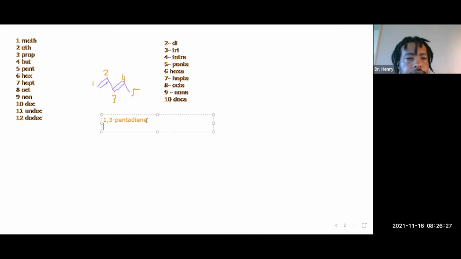There's another way of naming it as well, where we put the numbers inside the name. We usually use this when there are multiple structures, let's say a triple bond and a double bond, so that we know where the triple bond is and where the double bond is. So let me show you what that is.